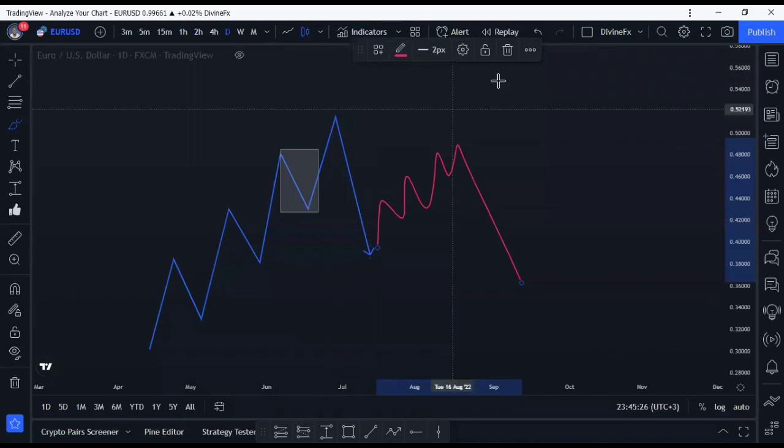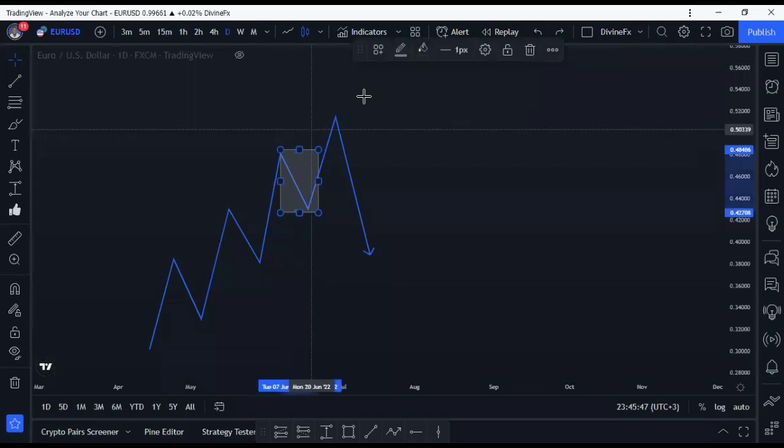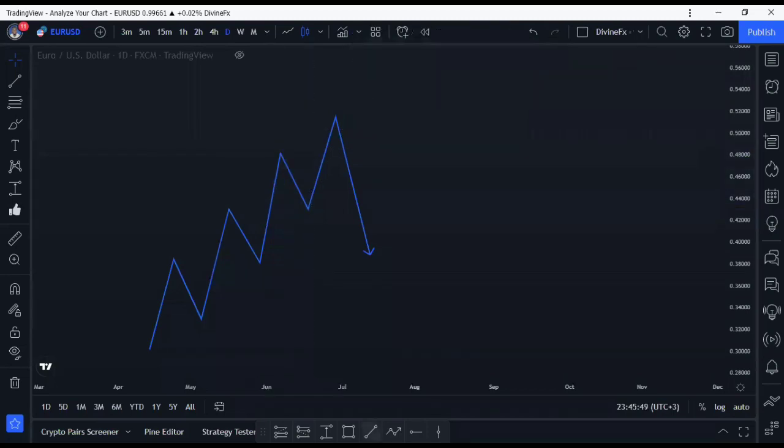After noticing the price has broken these previous highs and lows, the previous higher high, not this one, the previous one after the last higher high, which is this one, will be this level over here.